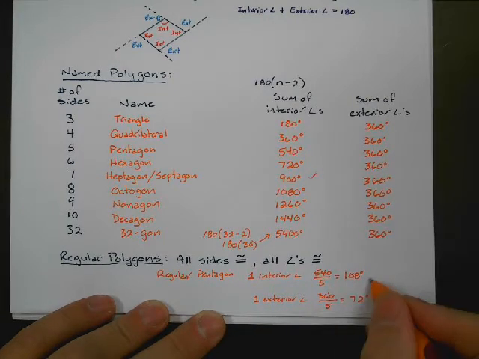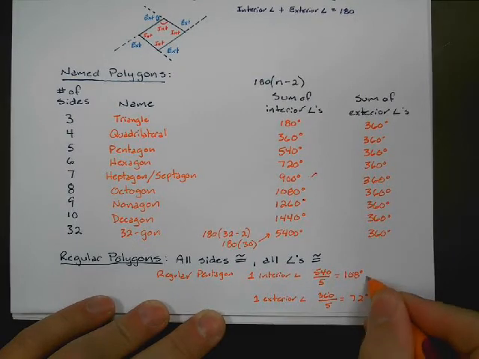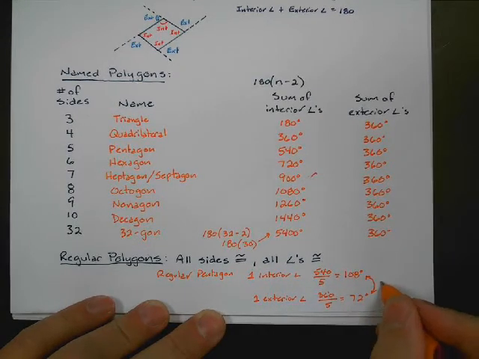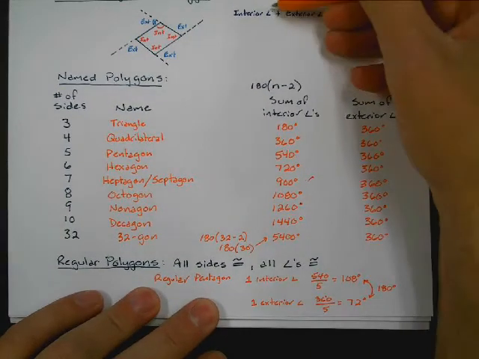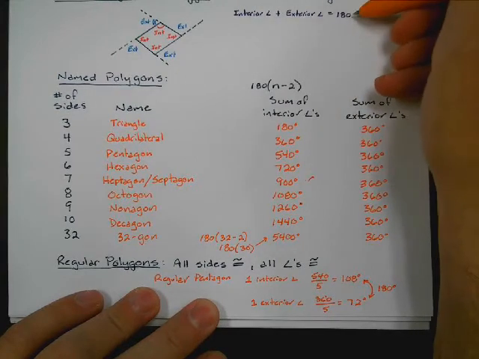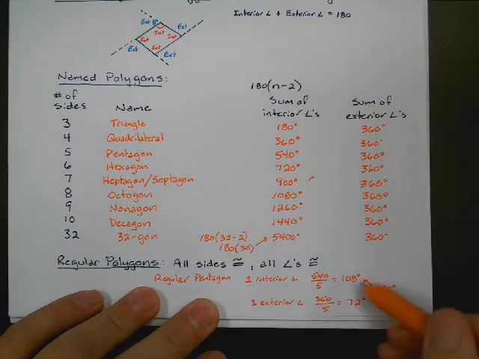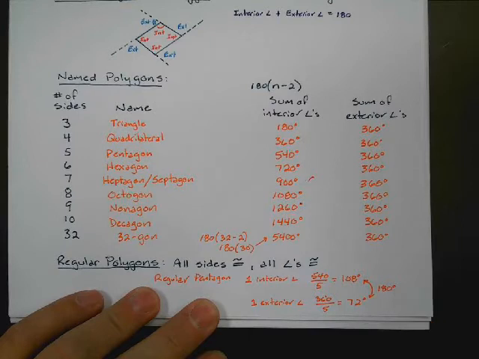Now look at this. What do these two add up to? These two add up to 180 degrees. Because we said up here that the interior angles and the exterior angles always add up to 180 degrees. And so here's our interior, here's our exterior, and it's adding up to 180. So that will happen every single time.